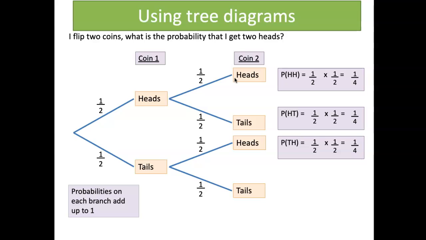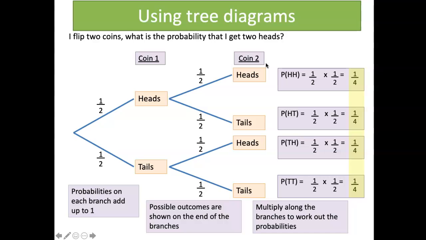Tails and head is 1/2 multiplied by 1/2, same thing, and then tail and tail. So now we can answer the head and head, which is 1/4. Okay, as you know, you just have to multiply along the branches and you will get the probability.